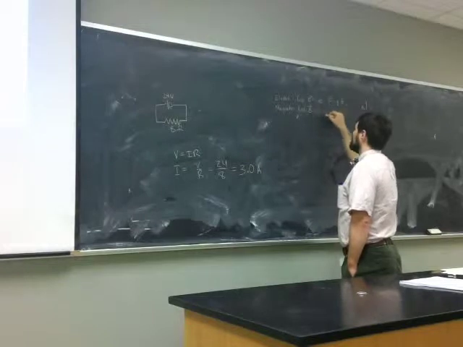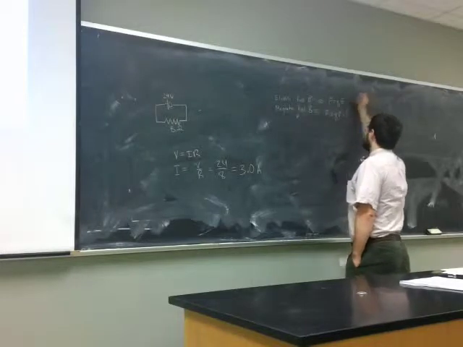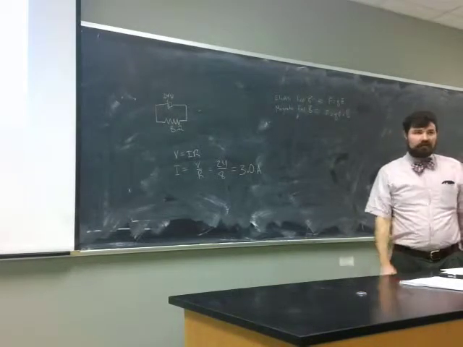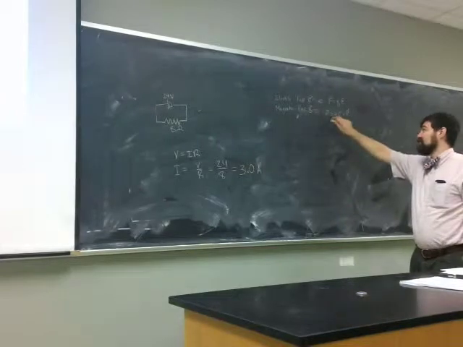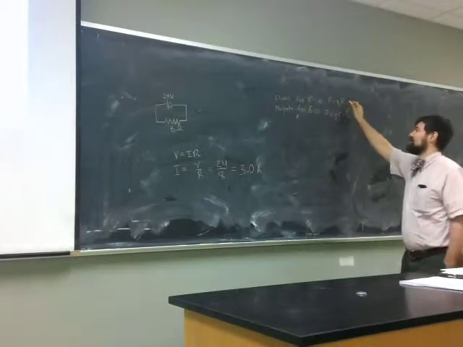This one you use F is equal to QV times B. And it turns out that this one actually is perpendicular to the magnetic field, whereas this one is parallel to the electric field.